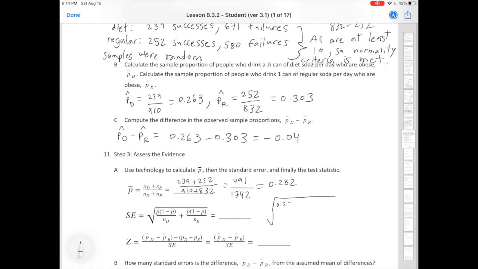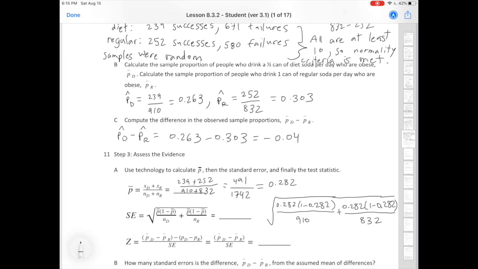Remember, it's 0.282 times 1 minus 0.282 divided by the number of people in the diet sample, which was 910, plus 0.282 times 1 minus 0.282, and that's divided by 832.